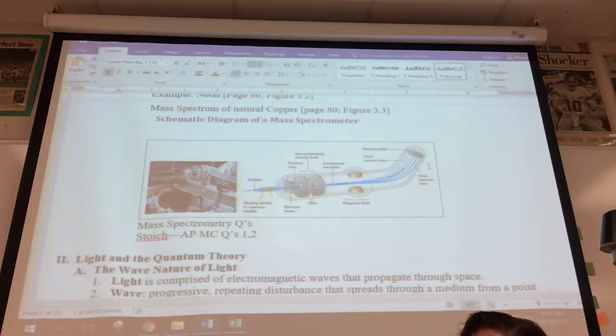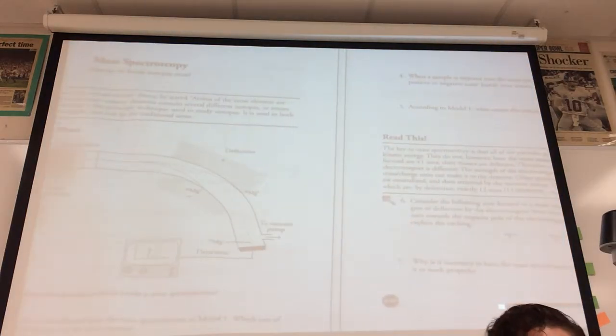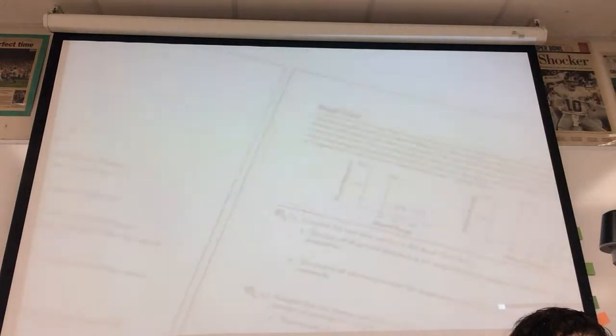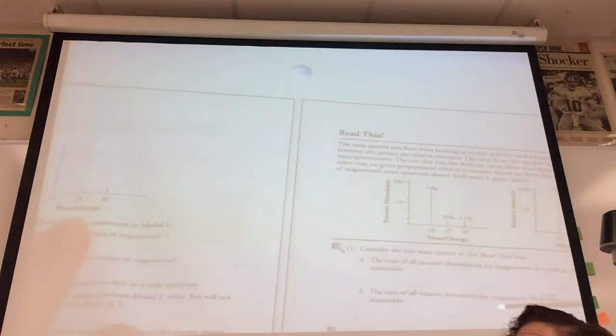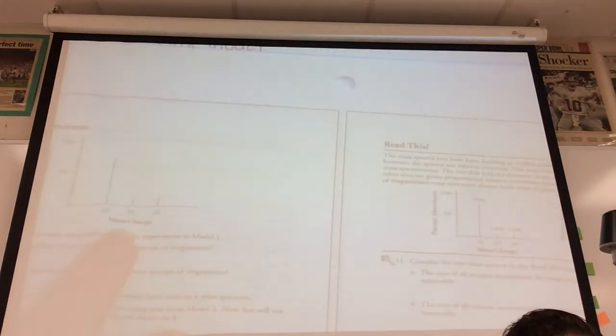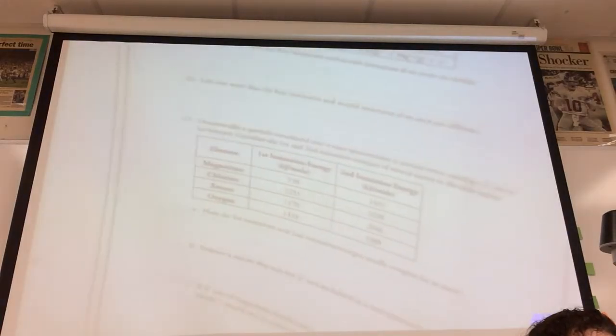So that's mass spec, and I've given you a POGIL packet that is more than you would ever want to know on mass spec. But if you work through it, especially on those middle pages, they give you some of these line graphs, and you can do some of the analysis, and I think if you work through those few problems, you will be very, very comfortable with it.